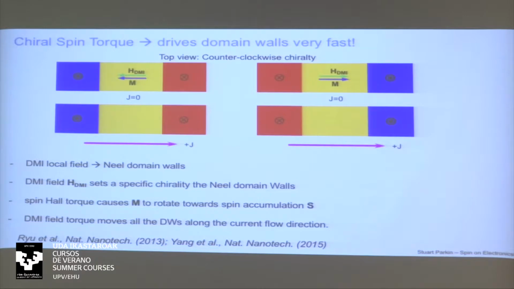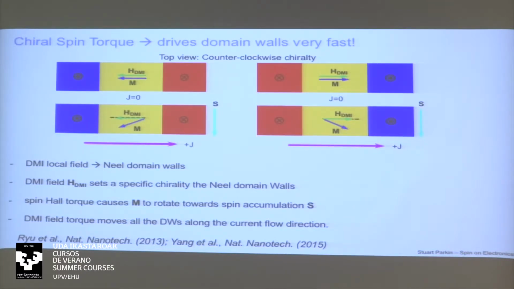Now we introduce a current through this platinum layer underneath. That generates this spin current. The spins that are accumulating will then diffuse into this magnetic layer, and as I mentioned earlier, this will provide a torque. And this causes the magnetization to rotate towards that direction of spin angular momentum.